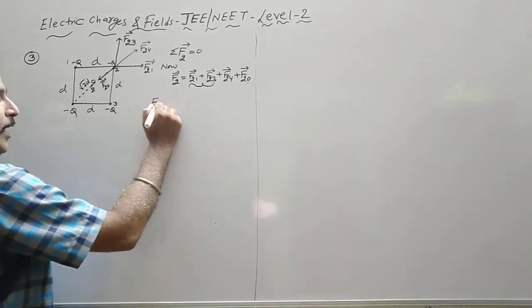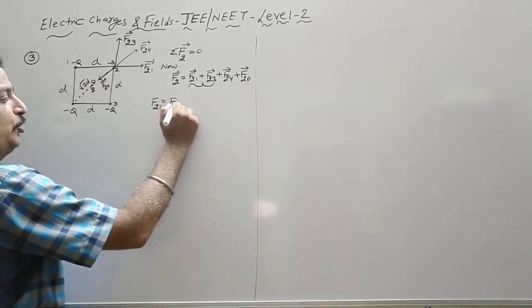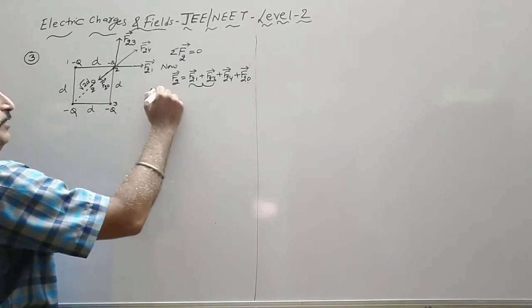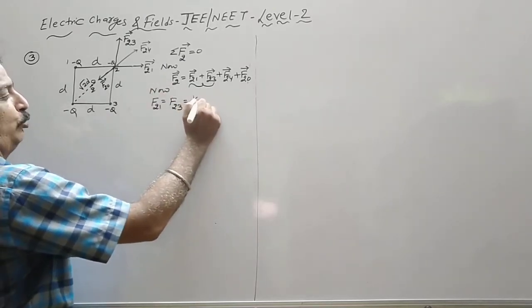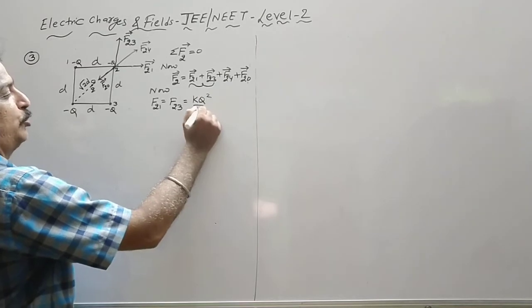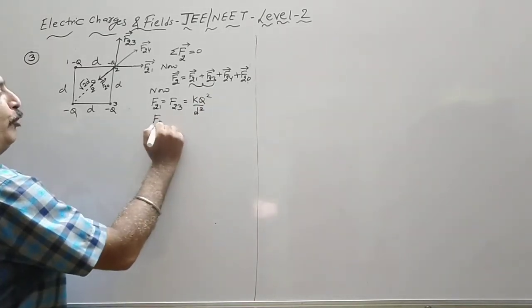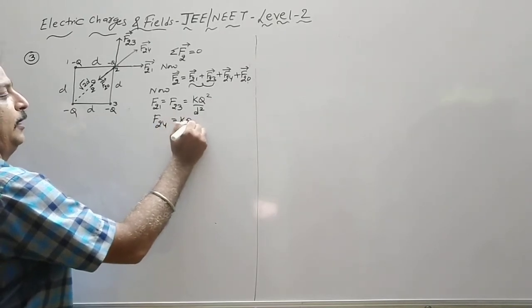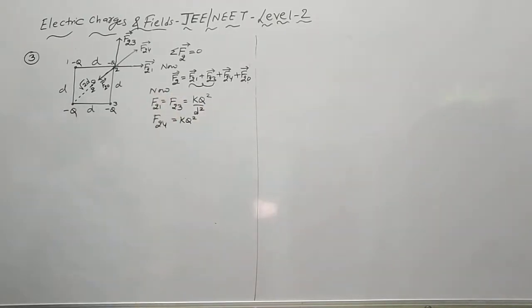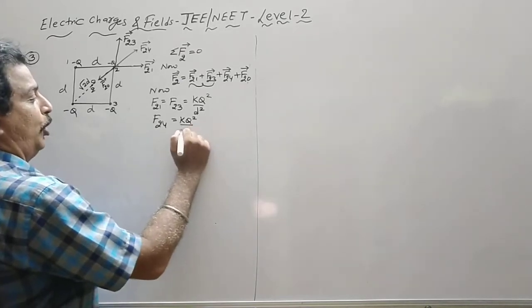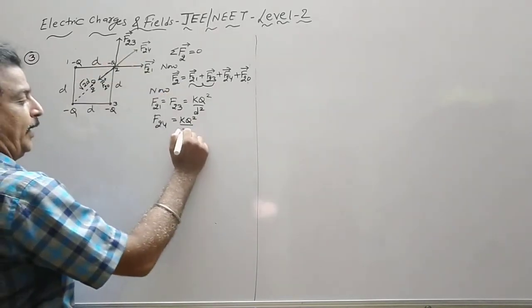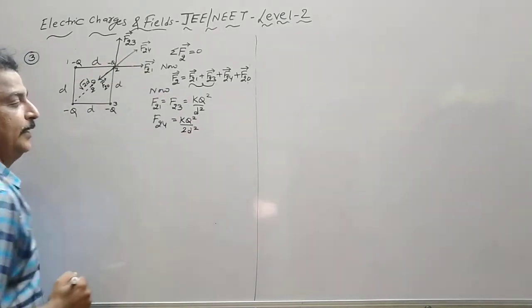And as I said earlier, first you write all the magnitudes of the forces. So this magnitude will be kq square upon d square. Then F24 is k q square upon root 2 d whole square, so 2d square.